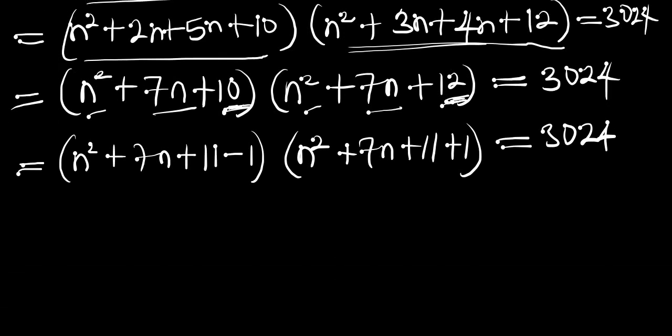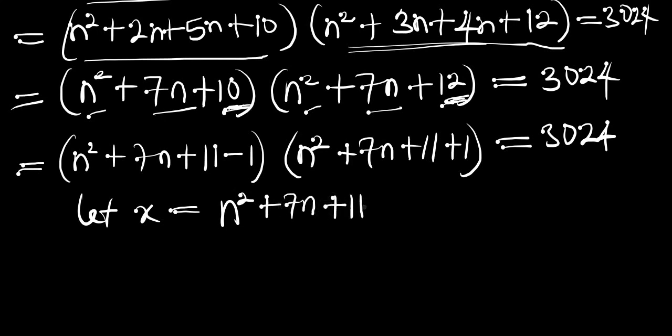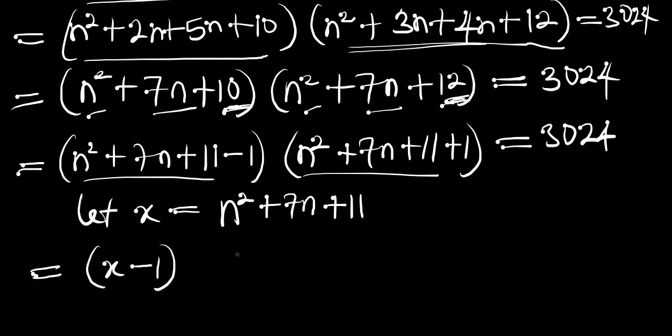Now from here, we can as well say let x equal n squared plus 7n plus 11. And because of that, this becomes x minus 1, and this becomes x plus 1, and this equals 3024.